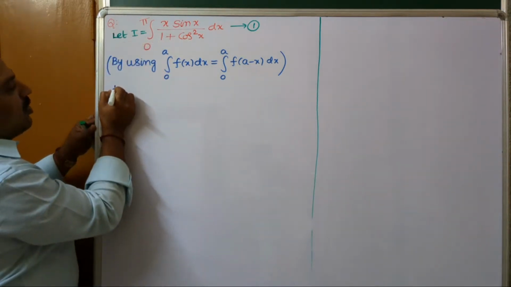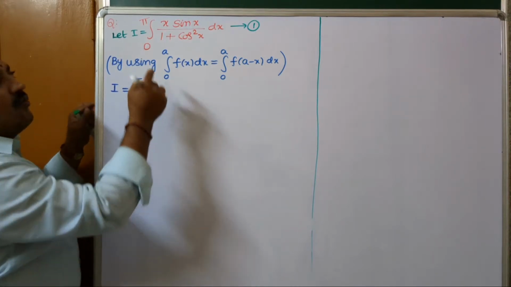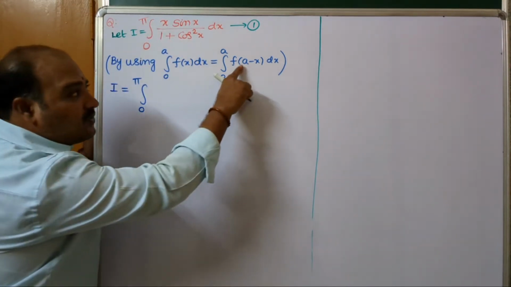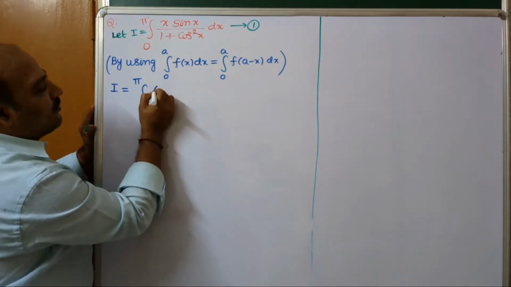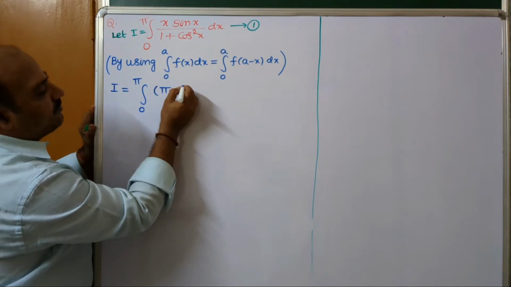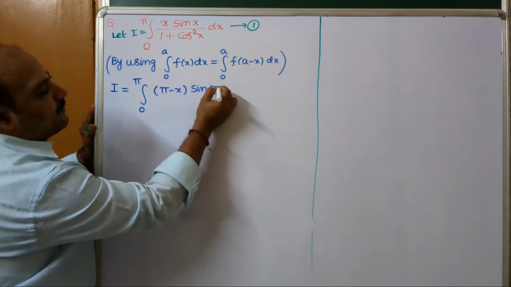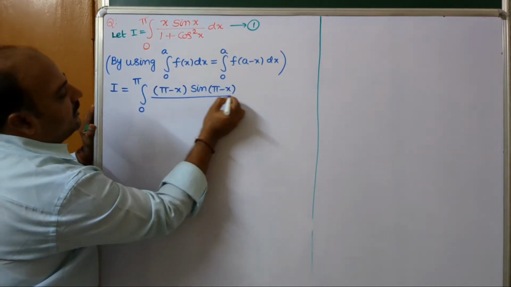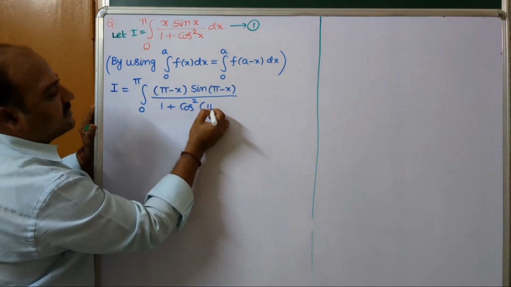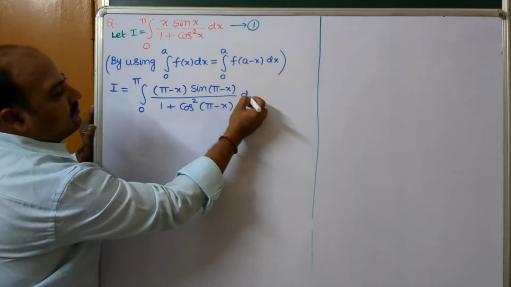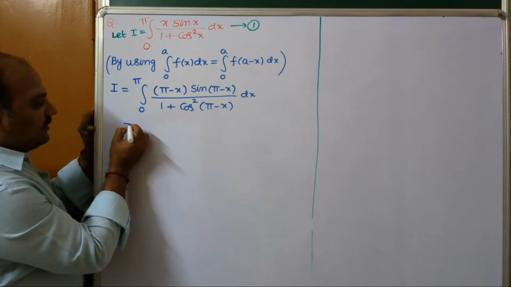So therefore the value of I equal to integral 0 to pi, wherever x is there, you have to replace with a minus x. According to the problem, a equal to what? Pi. So pi minus x into sine of pi minus x divided by 1 plus cos square of pi minus x into dx. So now we can simplify.